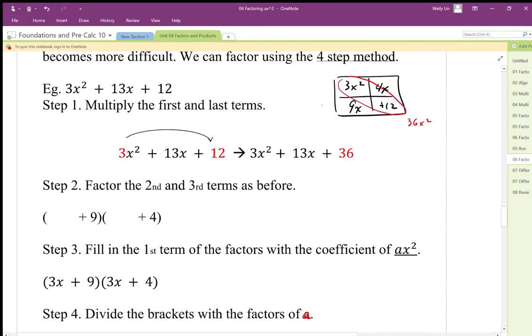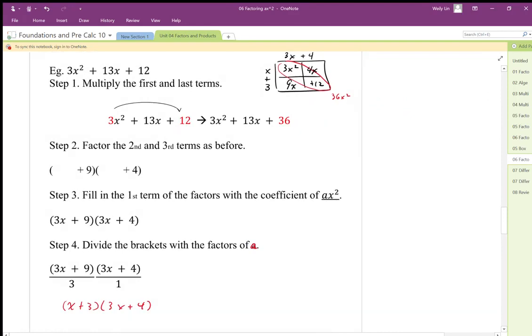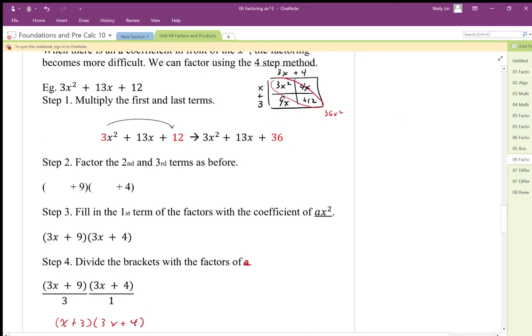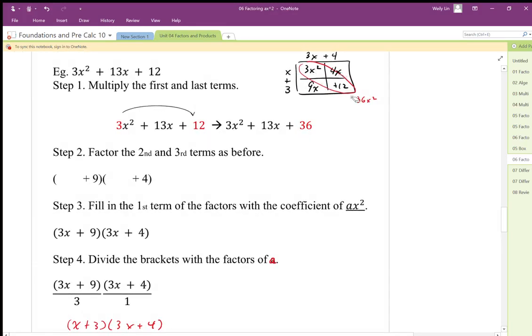So we take a common factor of 3 here, x here, 3 here, and 4 here. And there's our factored form of 3x plus 4 times x plus 3. I'm not going to go too much into this four-step method, but if you follow these four steps, it does work, and it is based on this diagonal product.